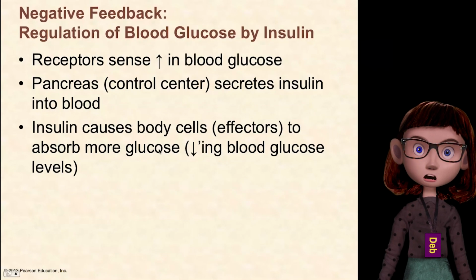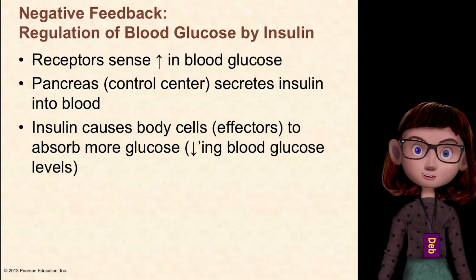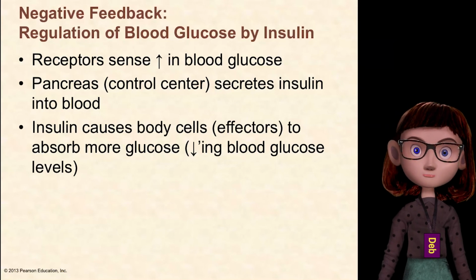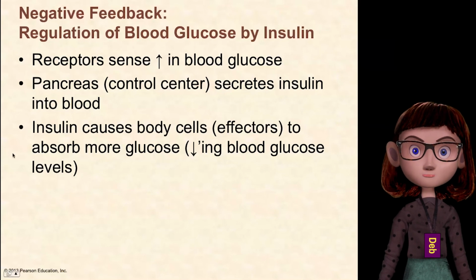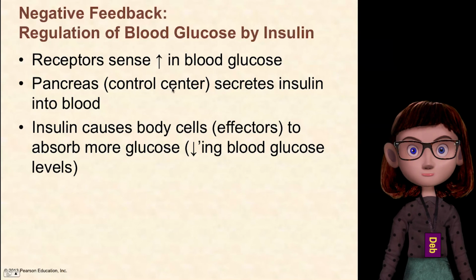So negative feedback is also illustrated by the regulation of blood glucose by insulin. So there are receptors that sense an increase in blood glucose. Blood glucose has to be kept within certain levels. The pancreas, which produces insulin, among other things, this now would be the control center.